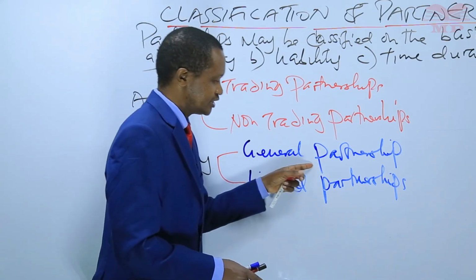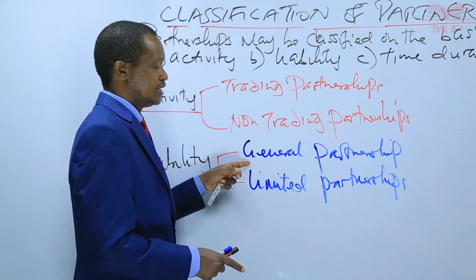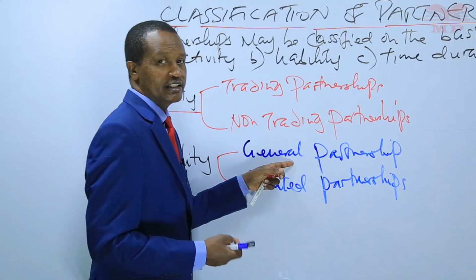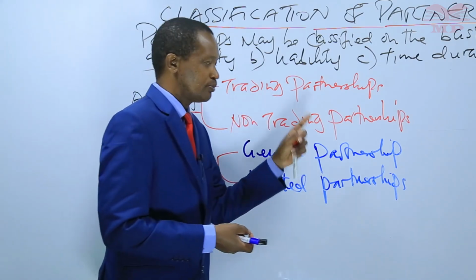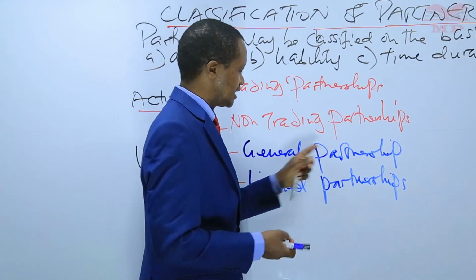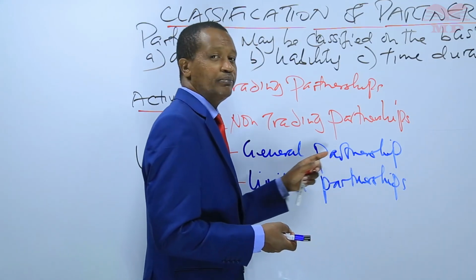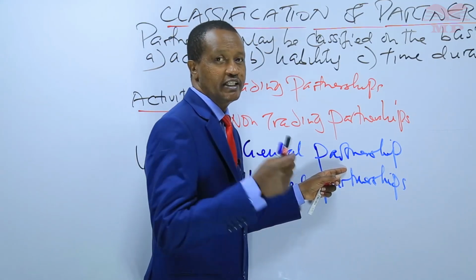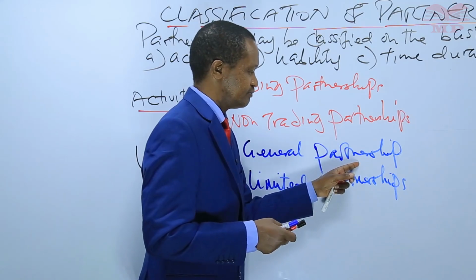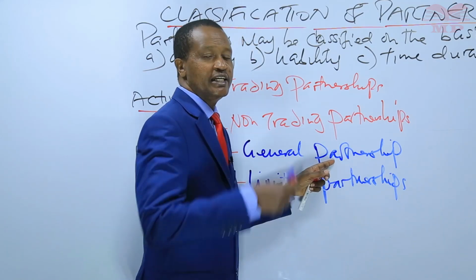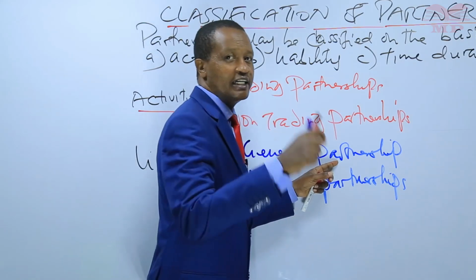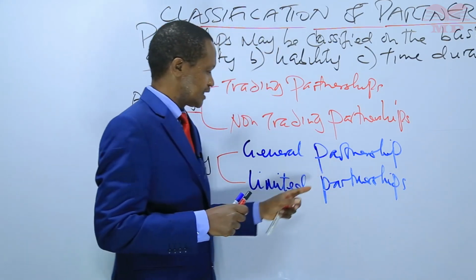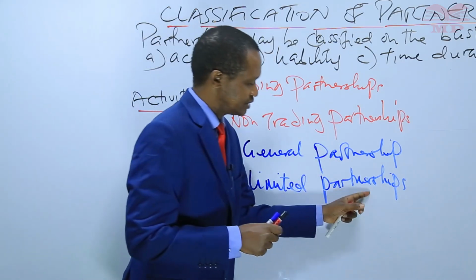If the partnership has debts and is unable to pay, then the personal properties of these partners can be sold to pay off the debts of the firm. Their liability is not limited. It is unlimited.